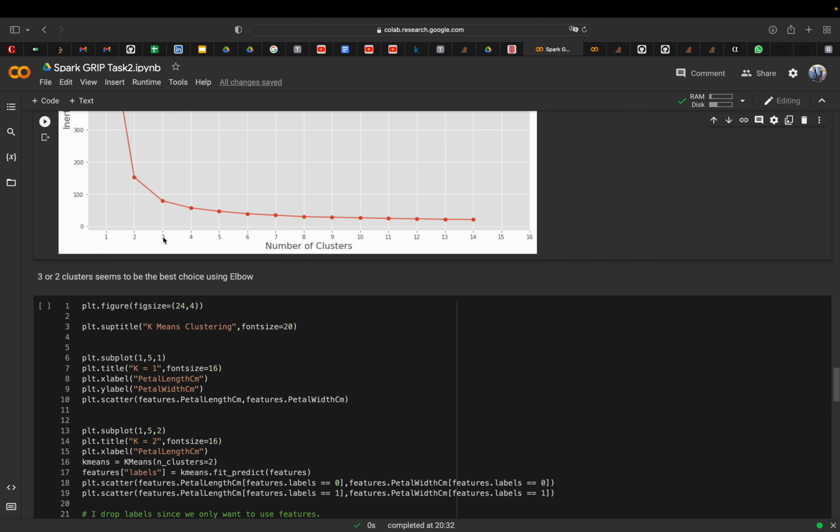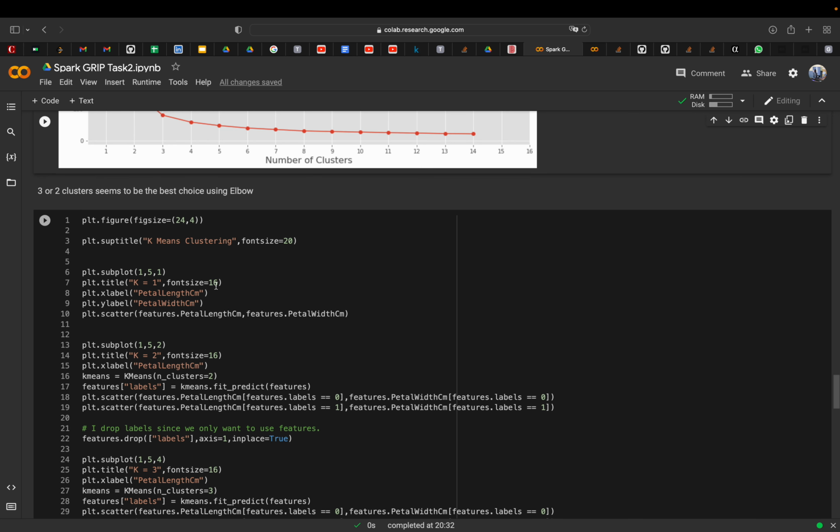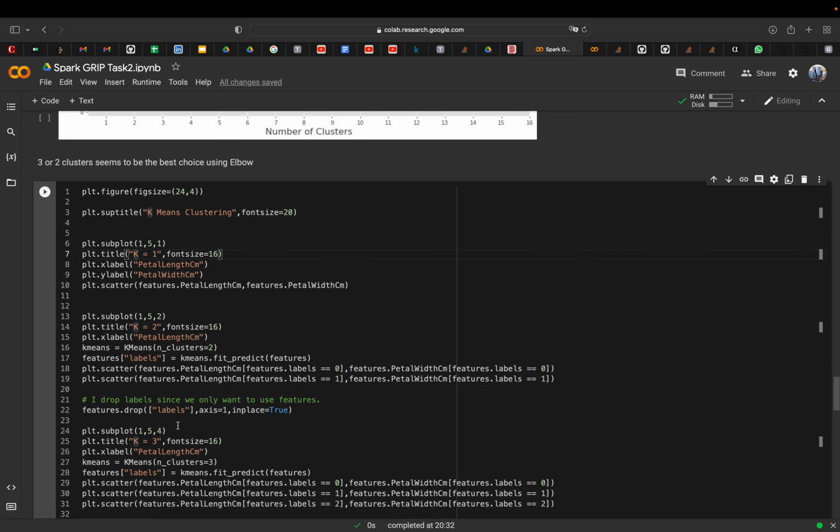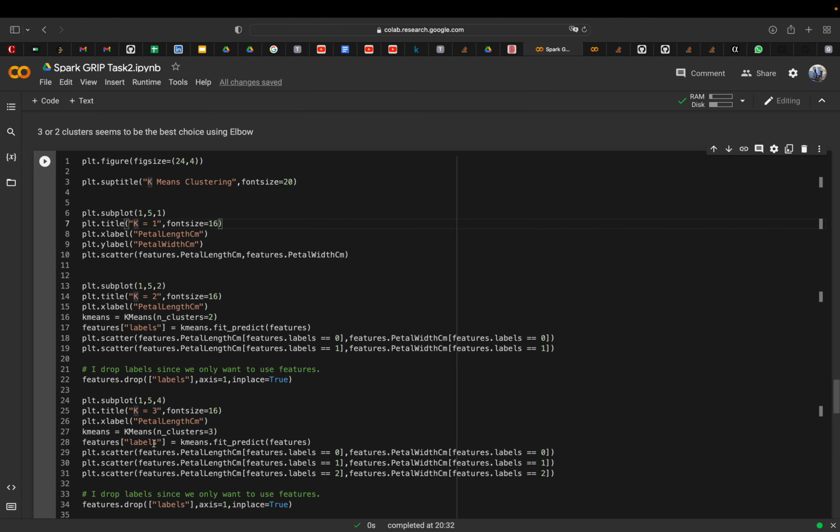Since 3 will be a good number of clusters, we will try to plot. Now we are trying to check by plotting our k-means result with different numbers of clusters. Here we have k equal 1, this part of the plot k equal 2, and then this part of the plot k equal 3.